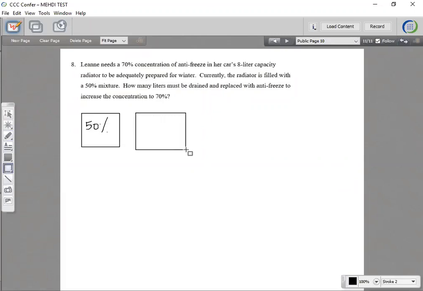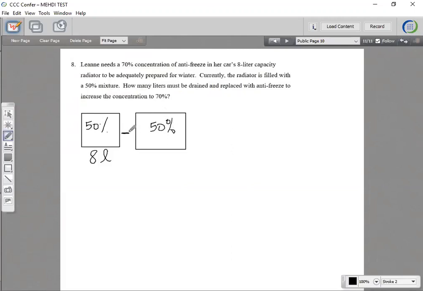Thank you. So here we have 50%. I'm going to put the strength here that we have currently, but we need to drain part of that, okay? Currently we have 8 liters here. So I'm going to mark here 8 liters of 50%, but we need to take that out.